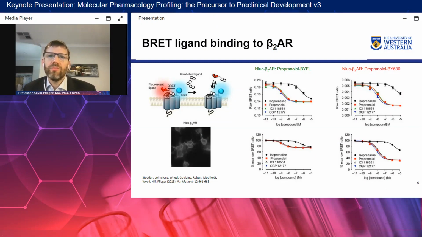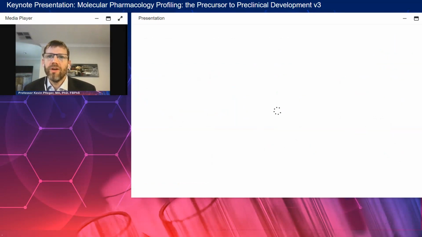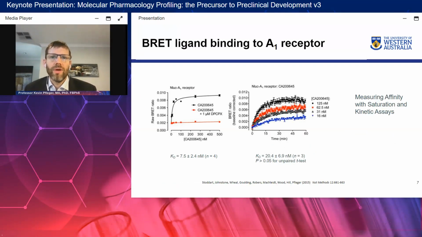There's much more background with the BY-FL because it is more green, and the axis actually starts at 0.1, whereas with the BY630, which is more redshifted, there's much lower background. So we tend to use more redshifted fluorophores in these binding assays because of that much lower background.